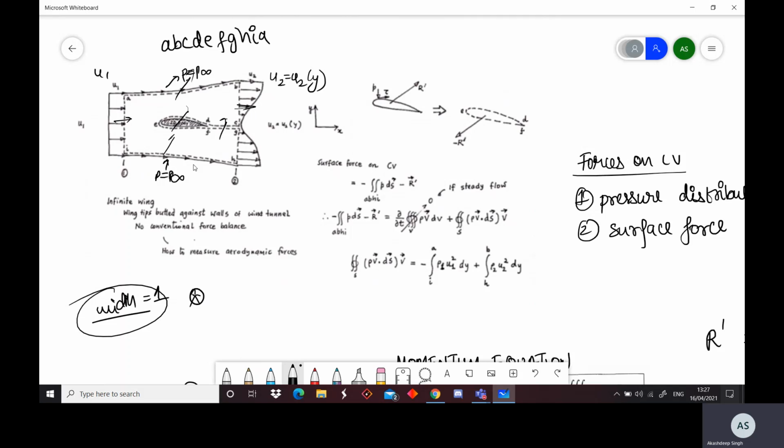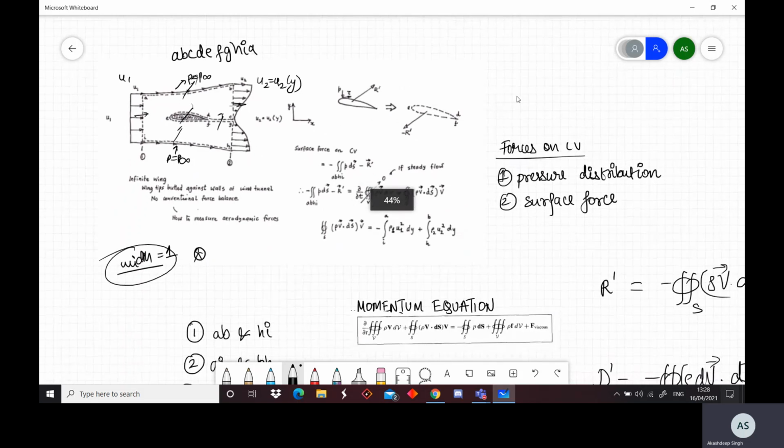The boundaries here, AB and IH, are well far away from the airfoil, so these can be assumed as free stream, and the pressure here will also be free stream pressure. So this is the control volume as I have defined, and this is the coordinate plane we'll be taking. Let's get started with the control volume discussion further.